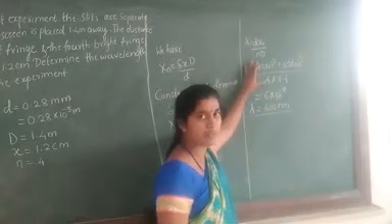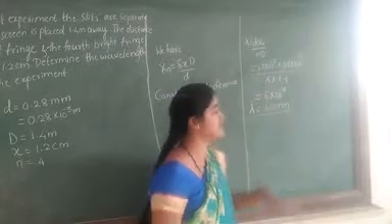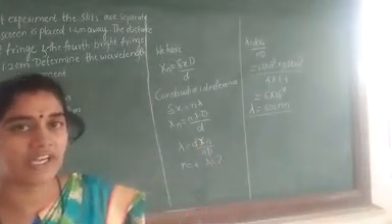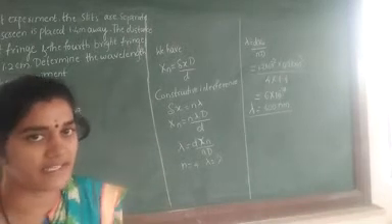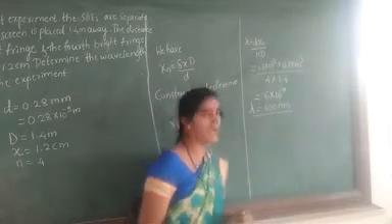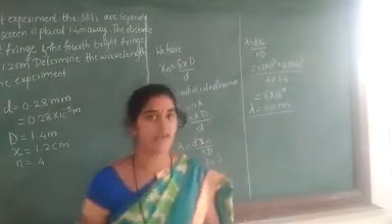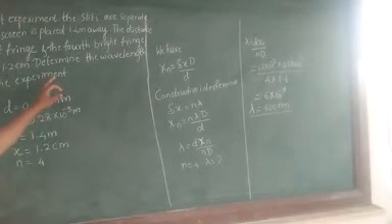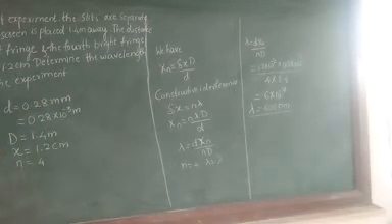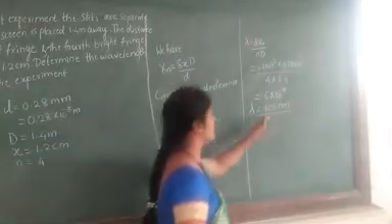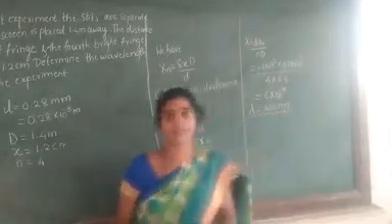The calculation gives the answer as 6 into 10 raised to minus 7 meter, or that can be converted into 10 raised to minus 9, that is nanometer. Therefore lambda is equal to 600 nanometer. In the question we have to find the wavelength of the light used, therefore the wavelength of the light used in the experiment, lambda, is equal to 600 nanometer.